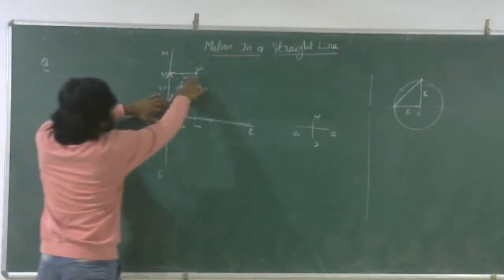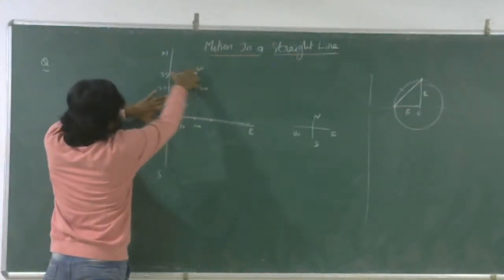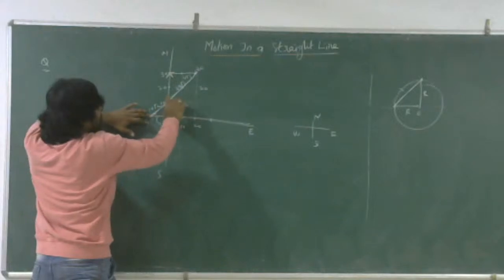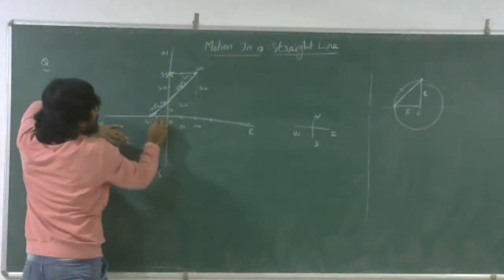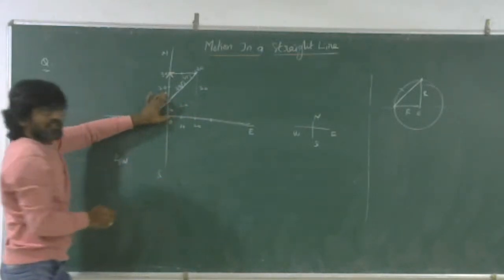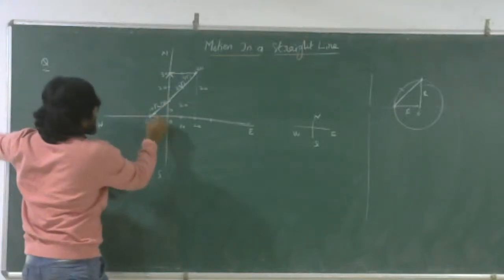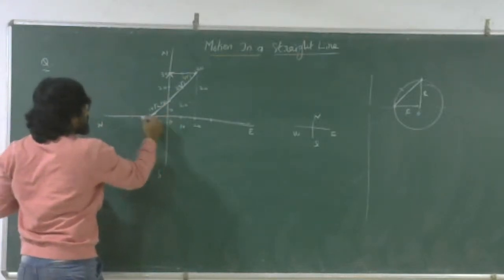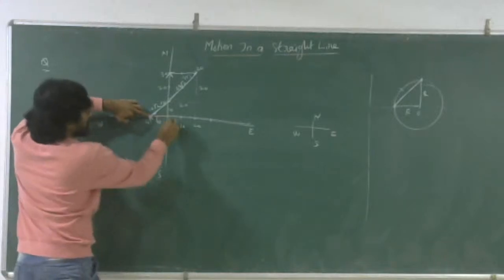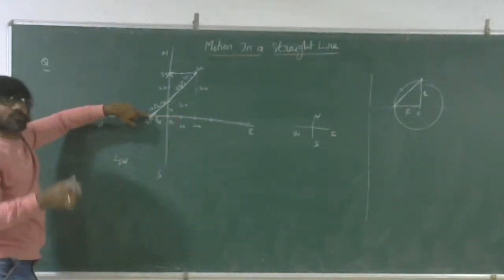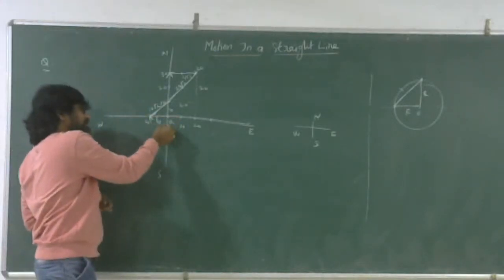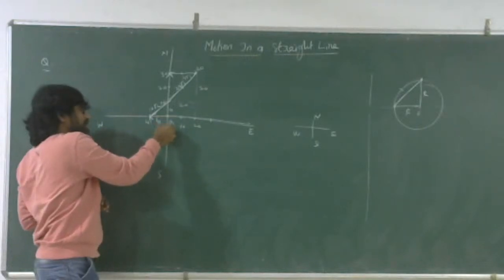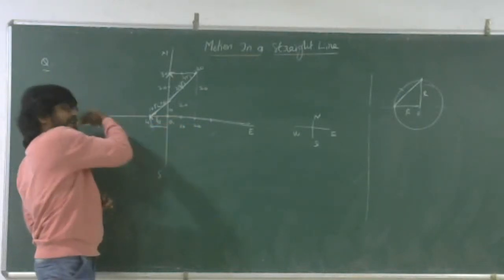Right? So if this is 20 root 2, this will be 20, this will be 20. This is 10 root 2, so this will be 10, this will be 10. Obviously this is already 10, this also will be 10, but this 10 will be in negative x-axis. So this is the final position, this is the initial position. So simply you can say the displacement from the initial to final position is along negative x-axis.